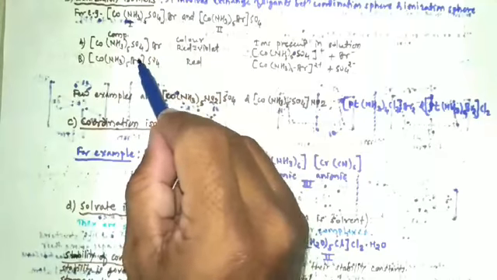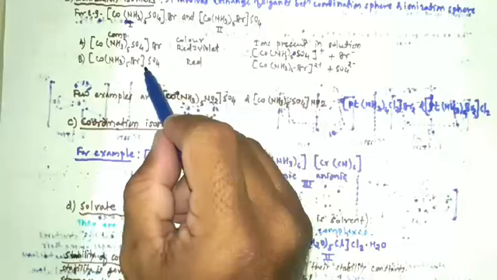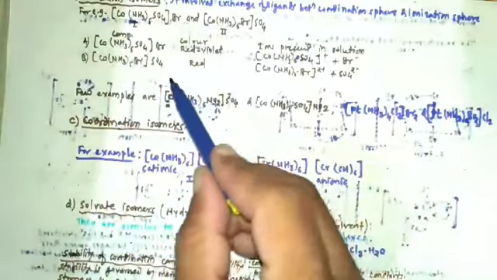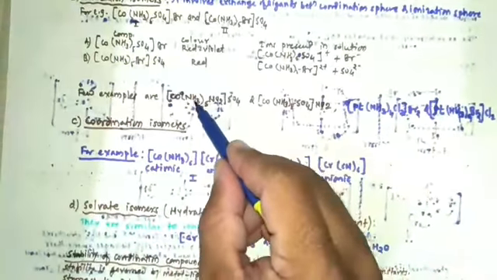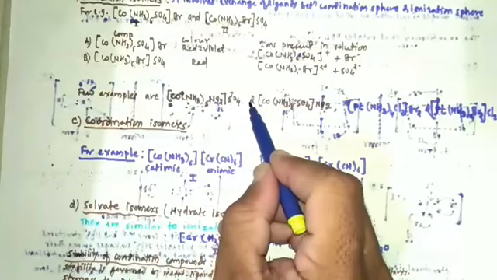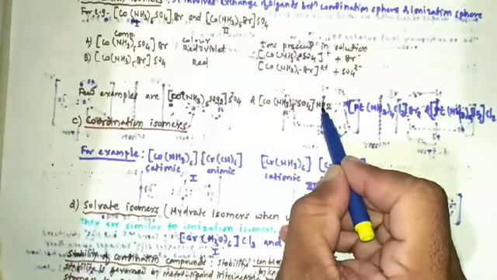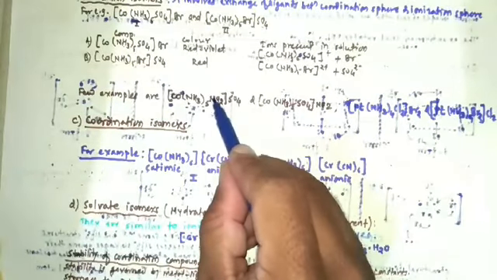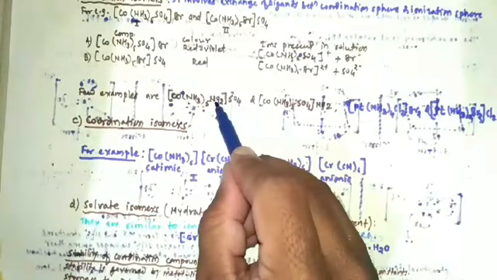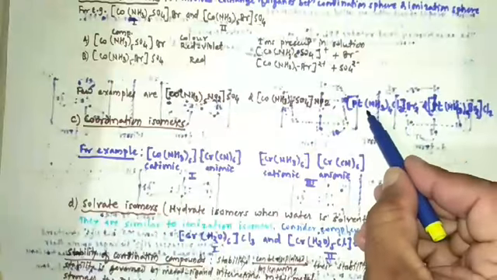Another example of ionization isomers is [Cu(NH3)5NO2]SO4 and [Cu(NH3)5SO4]NO2. Here there is exchange of ions taking place between these two, NO2 and SO4. This is another example of ionization isomers.